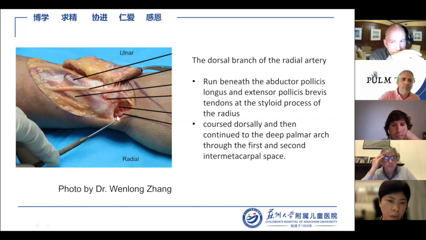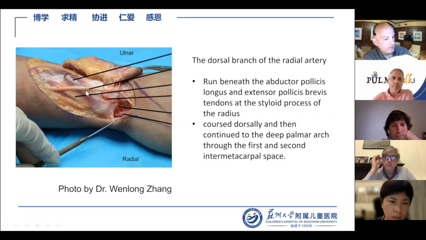This is the radial artery, this is the perforators, and this is the radial superficial nerve.